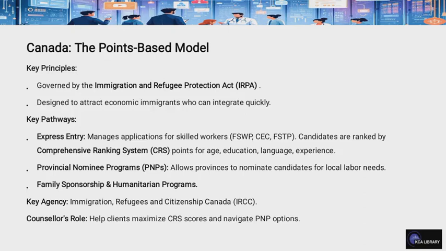Key pathways include Express Entry, which manages applications for skilled workers, where candidates are ranked by the Comprehensive Ranking System, with points for age, education and language experience. Another is the Provincial Nominee Program, which allows provinces to nominate candidates for local labor needs. And the last is family sponsorship and humanitarian programs.